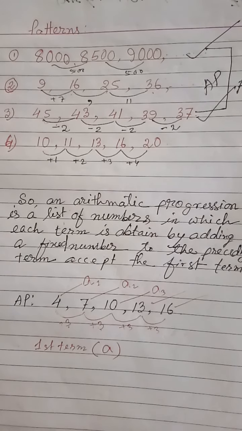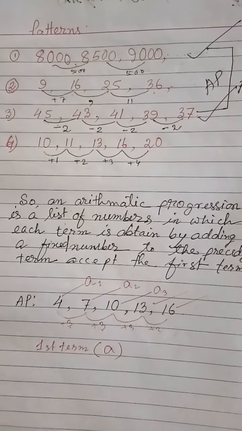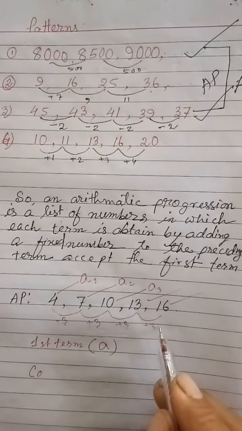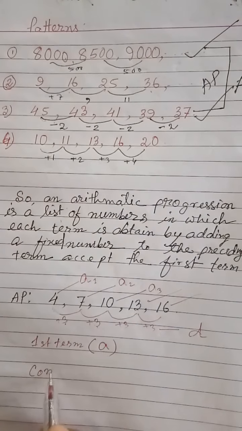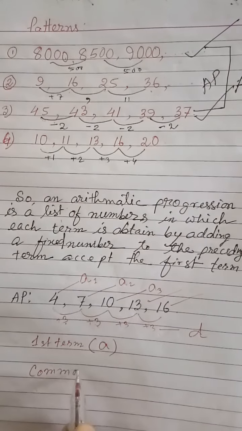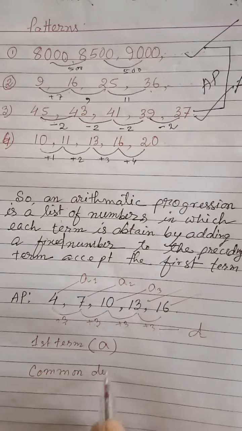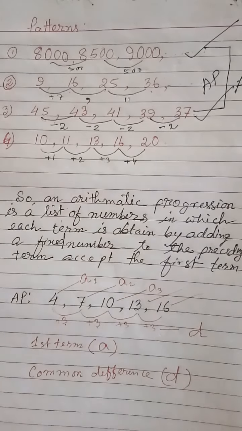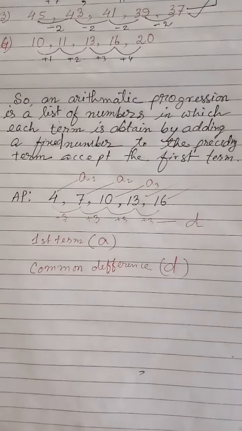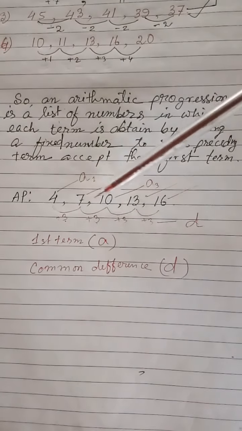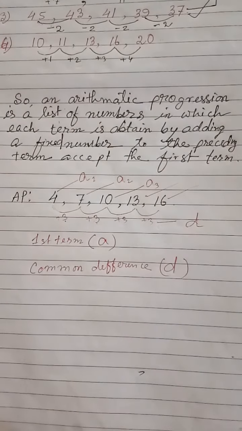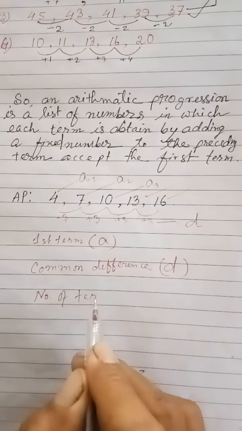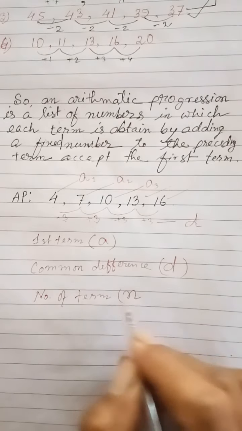This is called the common difference of this AP, and it is indicated with D. How many terms are here? 1, 2, 3, 4, 5. 5 terms are here. So the number of terms is indicated with N.